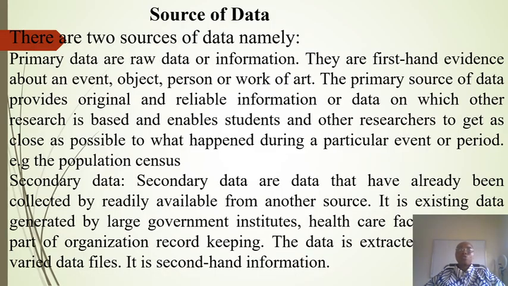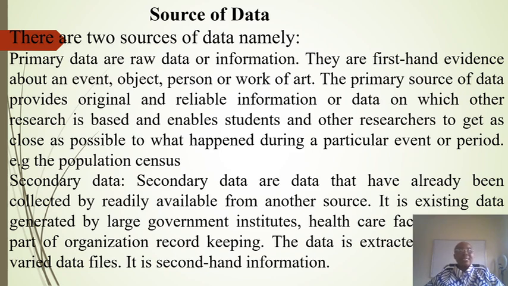The primary source of data provides original and reliable information or data on which other research is based and enables students and other researchers to get as close as possible to what happened during a particular event or period, e.g. population census. Secondary data.